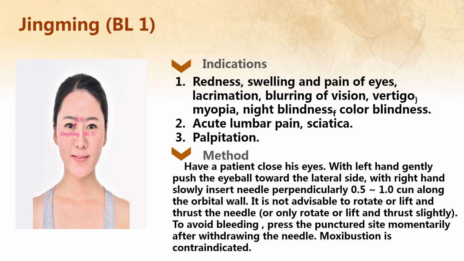The operation method of this acupoint is to have the patient close his eyes. With the left hand, gently push the eyeball towards the lateral side. With the right hand, slowly insert the needle perpendicularly 0.5 to 1 cun along the orbital wall.